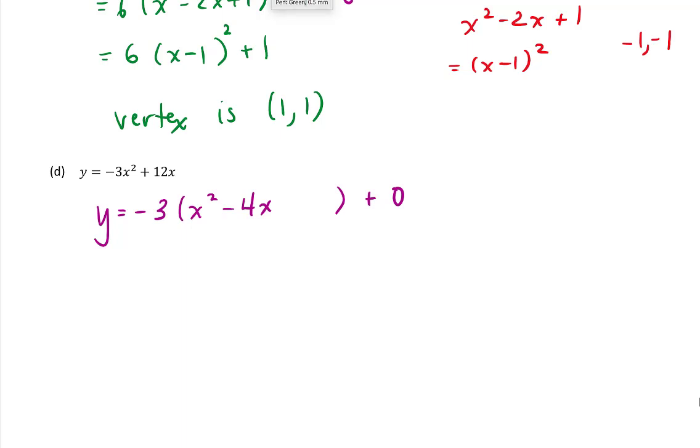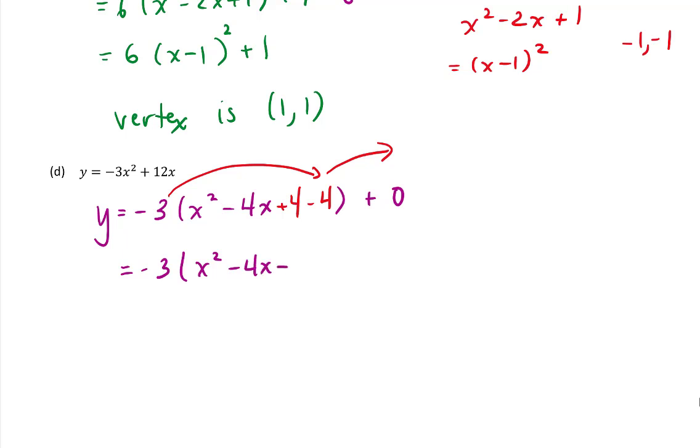To make this a perfect square, we need to take negative 4 divided by 2 and square it. So that's going to give me 4, and we need the minus 4. We are going to kick out the negative constant. So we get negative 3 times (x squared minus 4x plus 4) plus the 0.